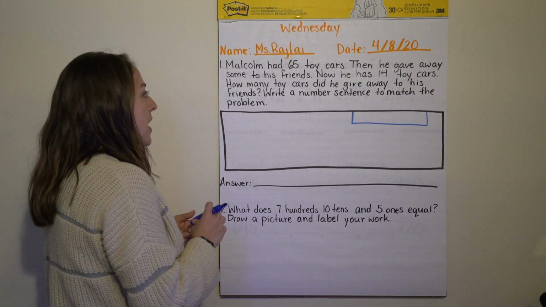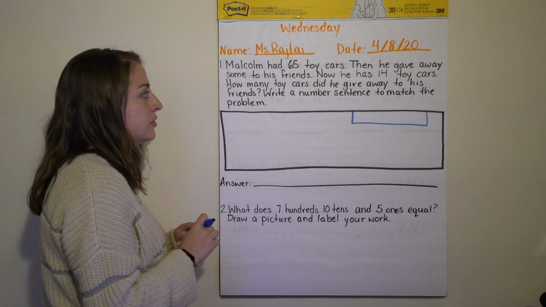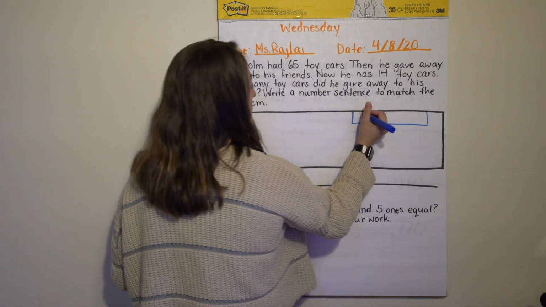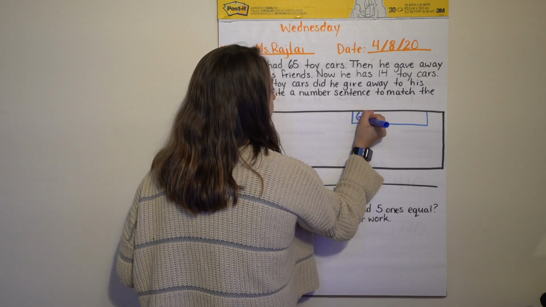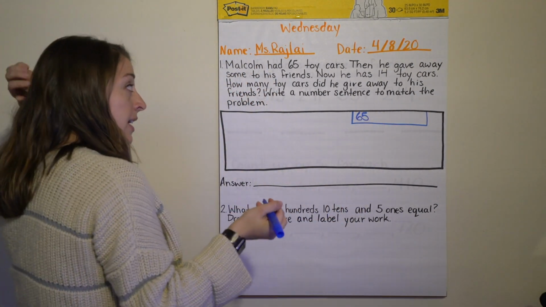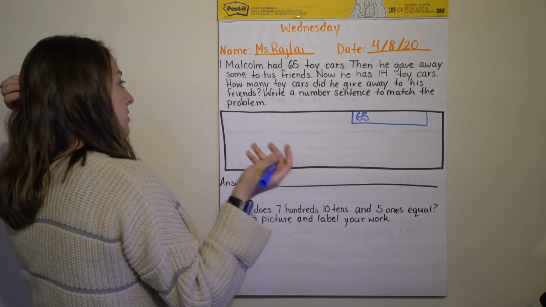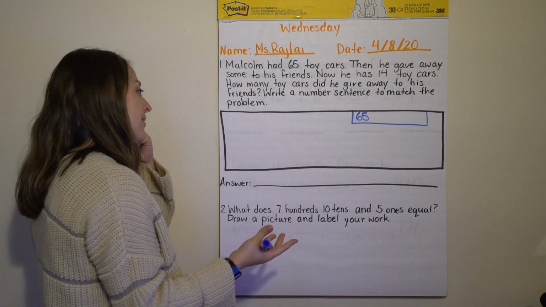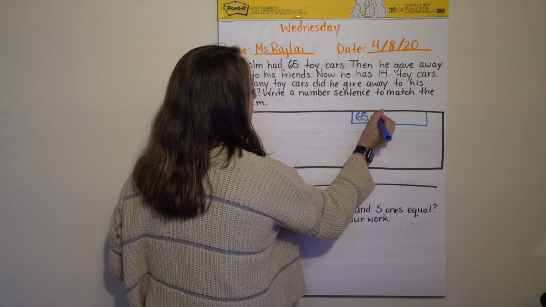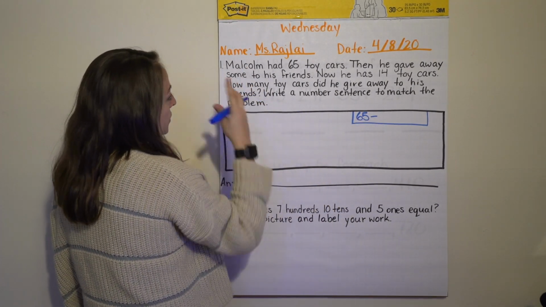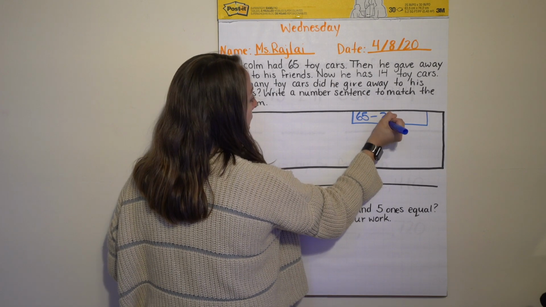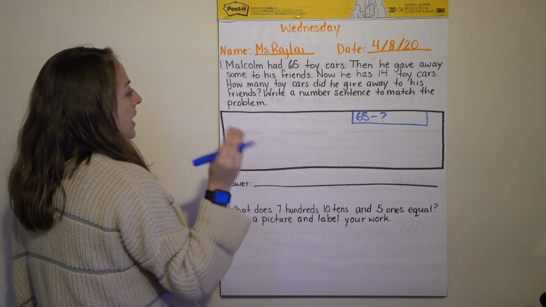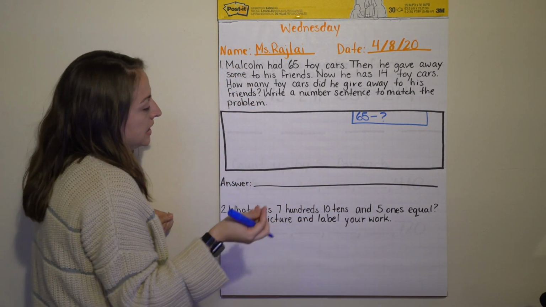Okay, so it says Malcolm had 65 toy cars. So I'm going to start with 65. Then he gave away some to his friends. So when you give away something, you don't have it anymore, you're going to subtract. And it says some, so it didn't give us a number. We're going to put a question mark. And now he has 14 toy cars.